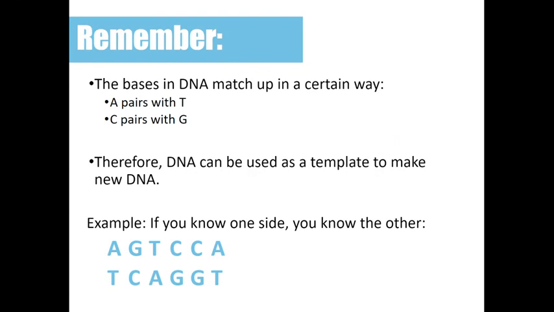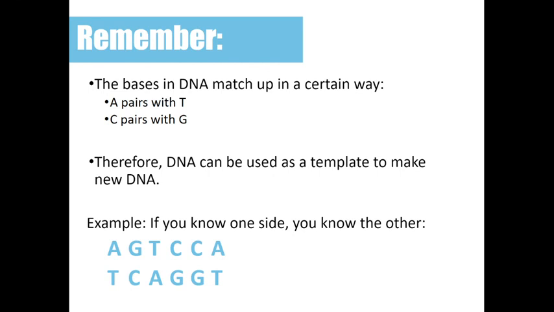The bases in DNA have to match up in a certain way. A is always going to pair with T, while C is always going to pair with G. Therefore, DNA can be used as a template to make new DNA. An example of this would be if you know one side, you are definitely going to know the other as long as it's following those rules.